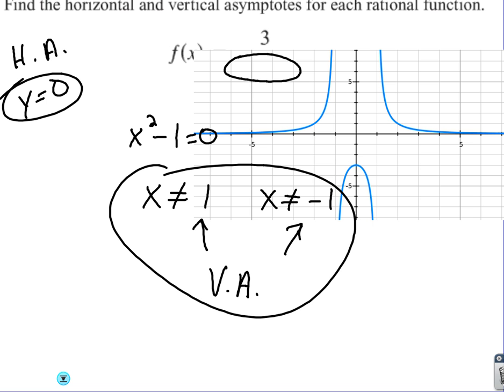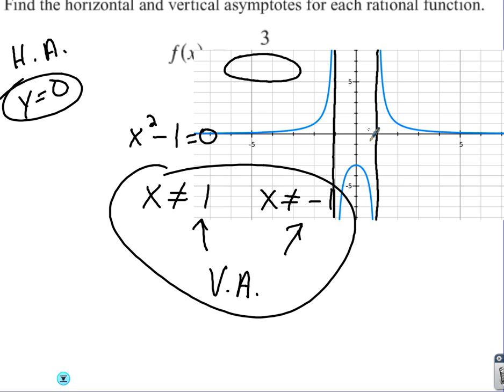You had vertical asymptotes at -1 and +1, which is there and there. And notice again, your graph will never cross a vertical asymptote. It kind of sandwiches your graph. It tells you where your graph's going to be located. Now, what's it going to do in between there?